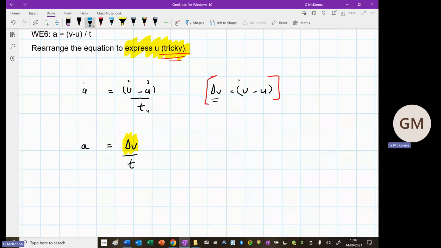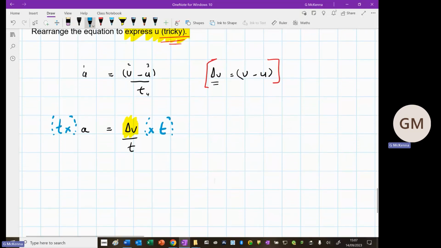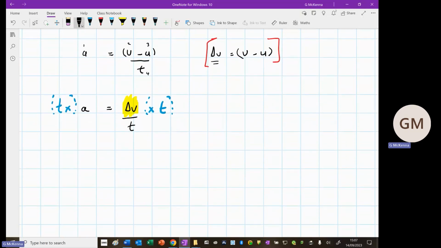Now to leave delta v, we need to eliminate this t as a denominator, and to do that we multiply the right hand side by t. But if we multiply the right hand side by t, we need to also multiply the left hand side by t as well. Let's just drop it down a level to simplify this a bit. So we end up with ta is equal to delta v times t.